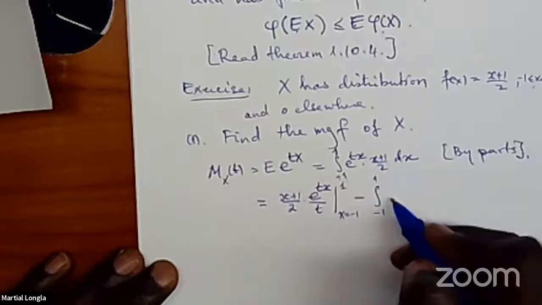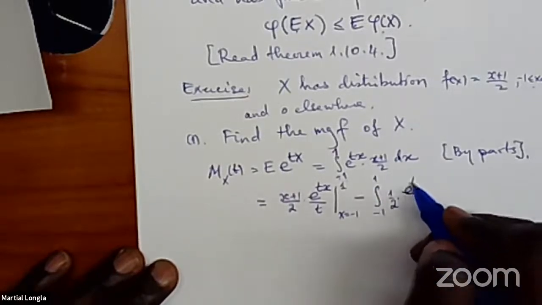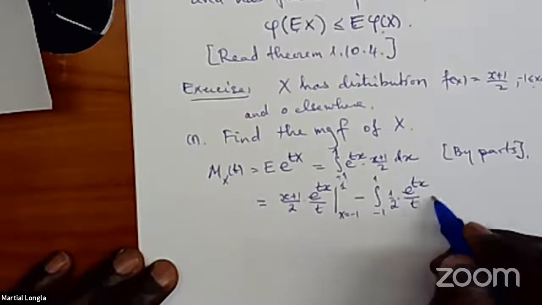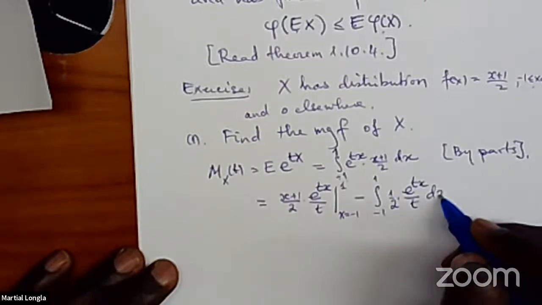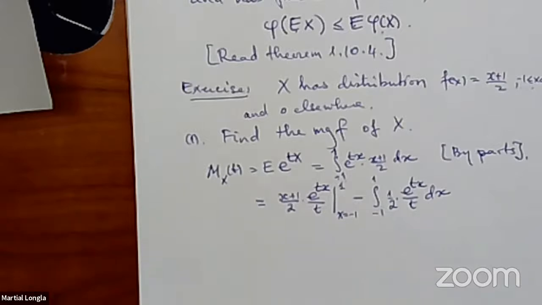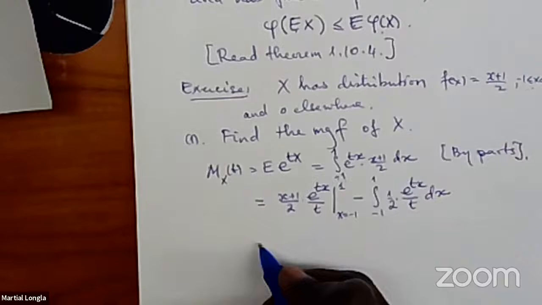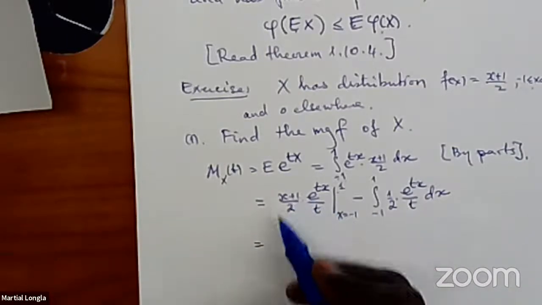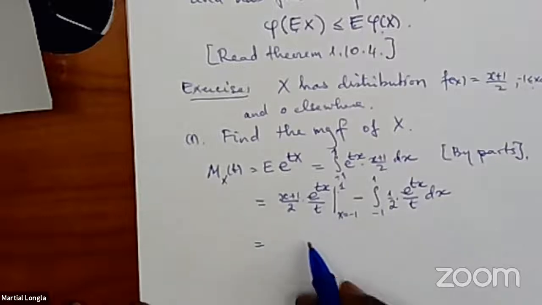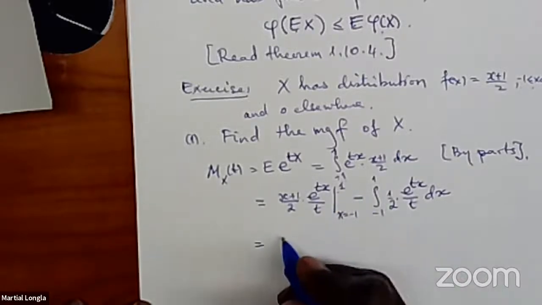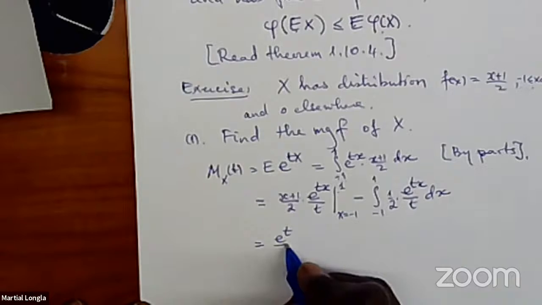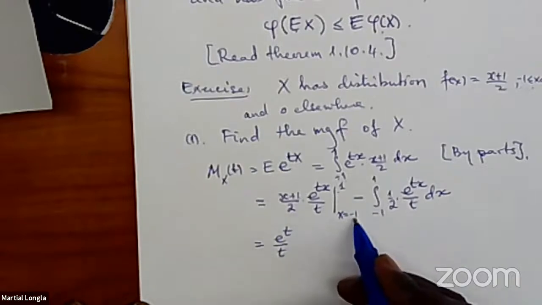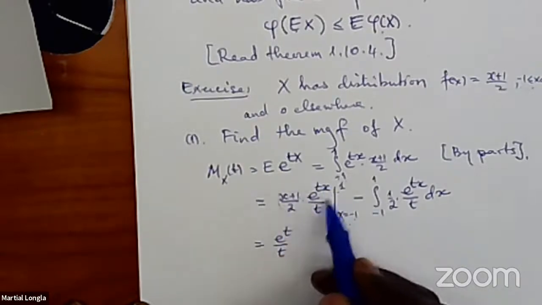The derivative of this is 1/2 times e to the tx over t dx. When you plug in 1 here, you get 1 plus 1, that is 2 over 2, 1. So you get e to the t over t. When you plug in minus 1 for x, you get 0.